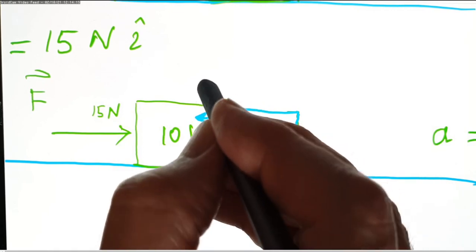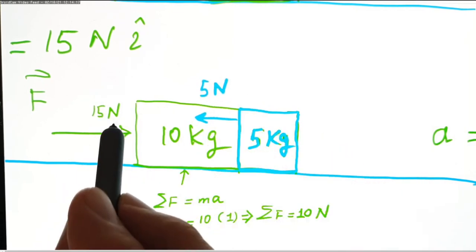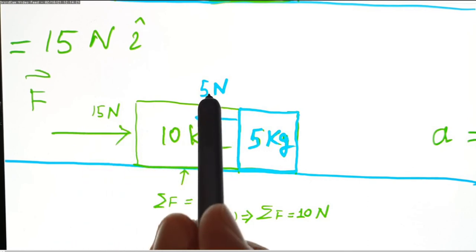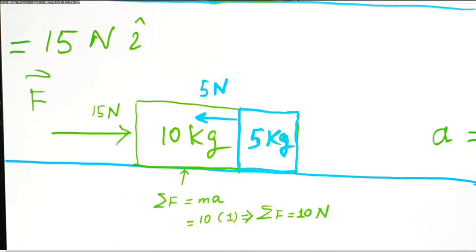So this is 5 Newton, and this is 15 Newton. 15 Newton minus 5 is 10 Newton. That means, Adel, the contact force is 5 Newton. Okay, let's solve Newton's second law for the blue object.